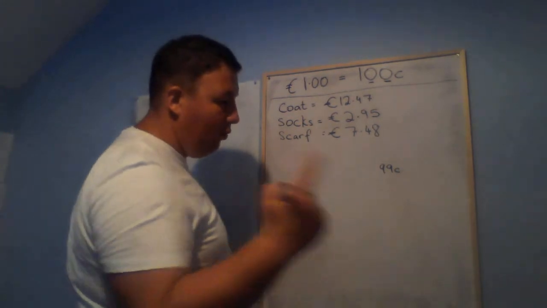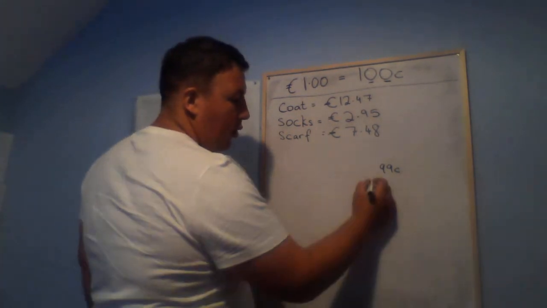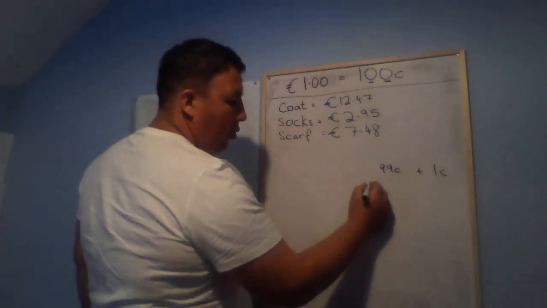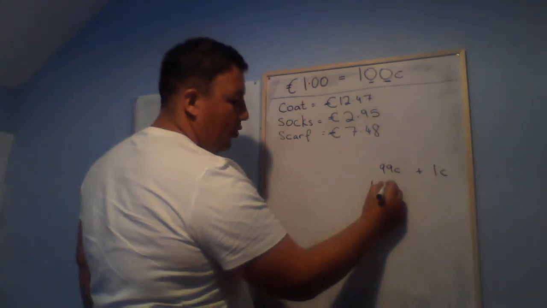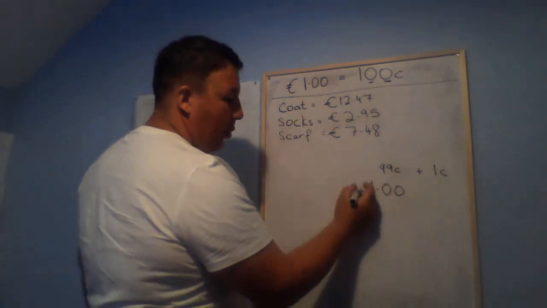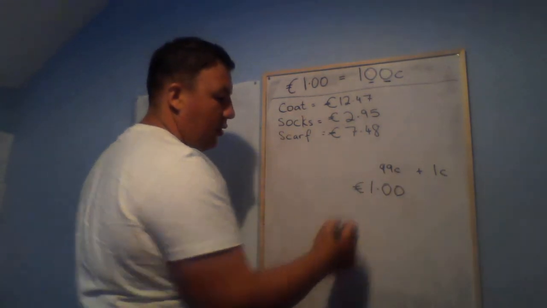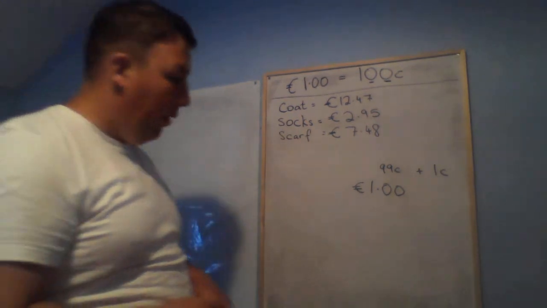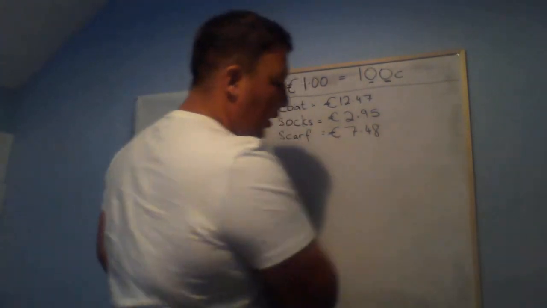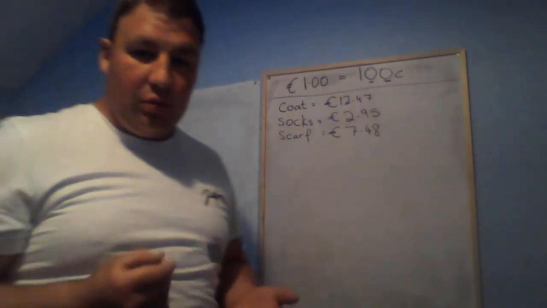So if we added 1 cent, we would have to put in our decimal point, because we have reached the maximum amount that we can put on the cent side. Don't worry about this, it's just second nature to most of us, but I felt it was worth mentioning.